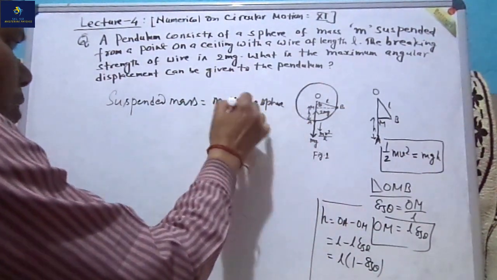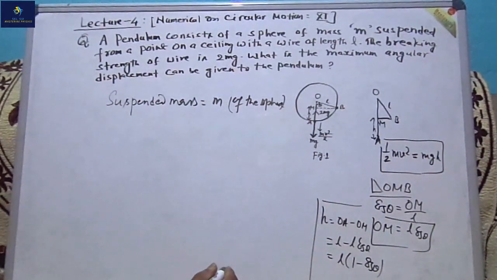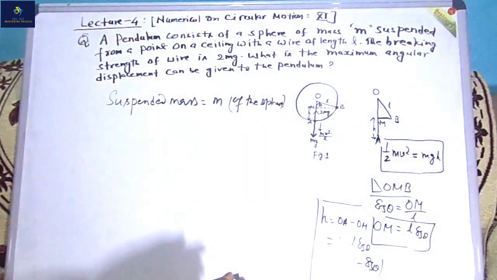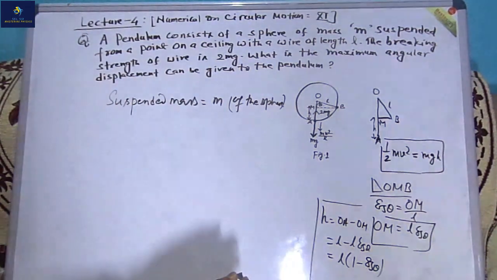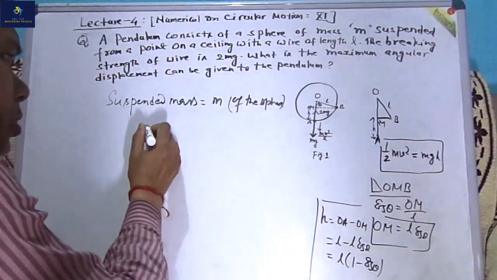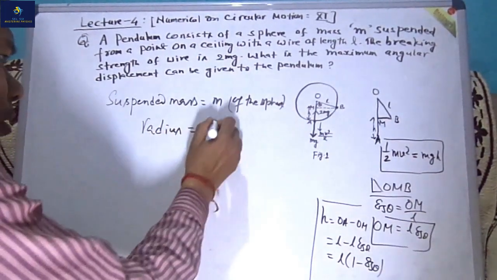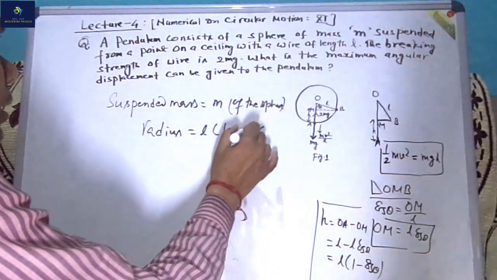And from the suspended point on the ceiling, O here, the length of the wire is L. So this gives the radius of the sphere. The radius of this sphere is equal to L, that is, the length of the wire.